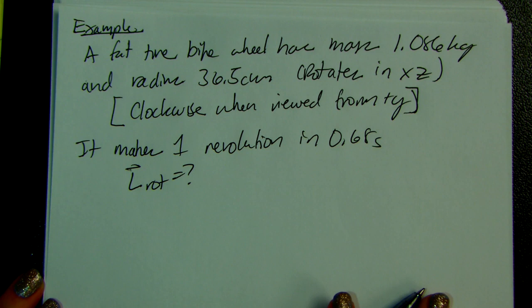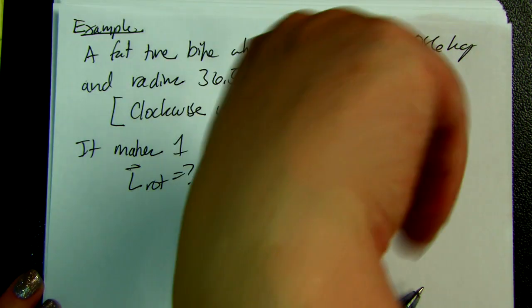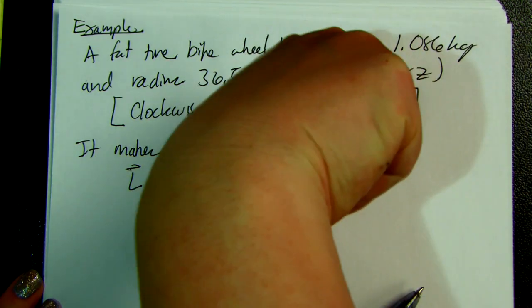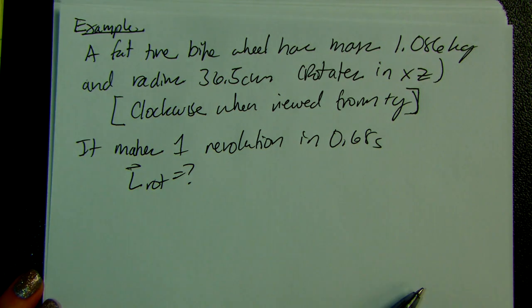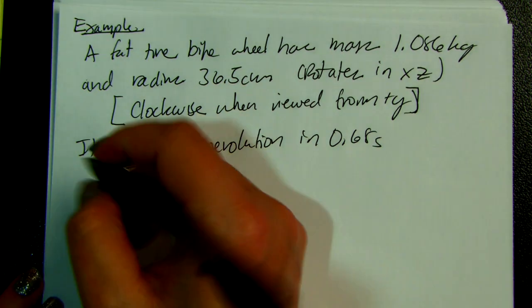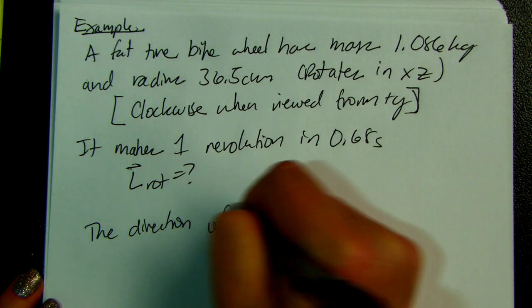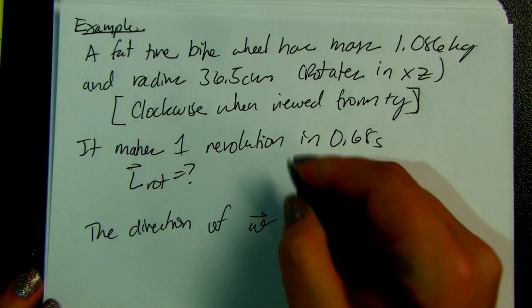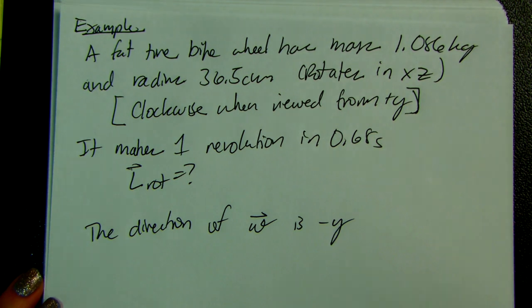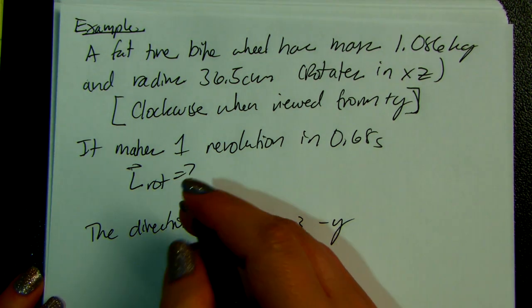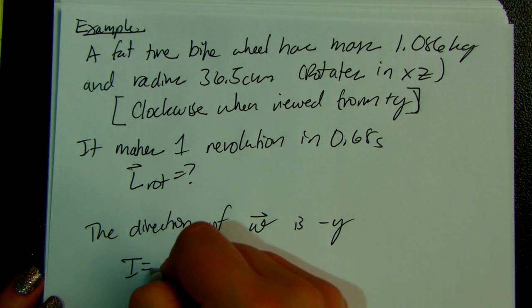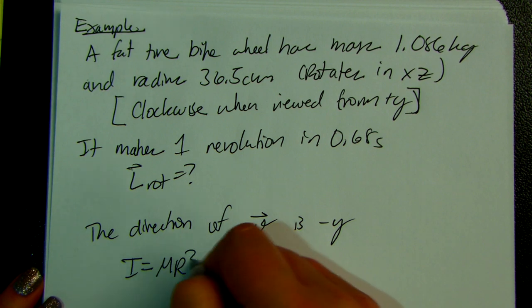Okay, so it's going clockwise. If we turn our hand clockwise, we see it's going in. We know it's going to be in Y, so therefore the direction of angular velocity is minus Y. So the moment of inertia is equal to m r squared.